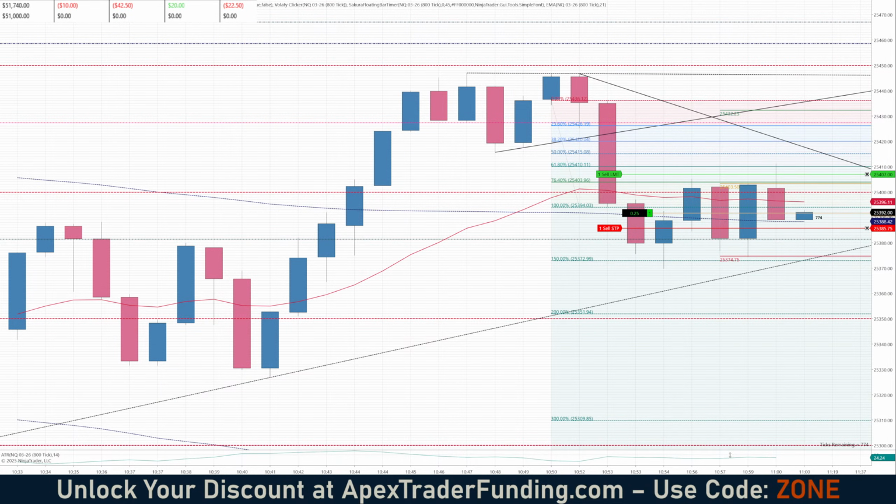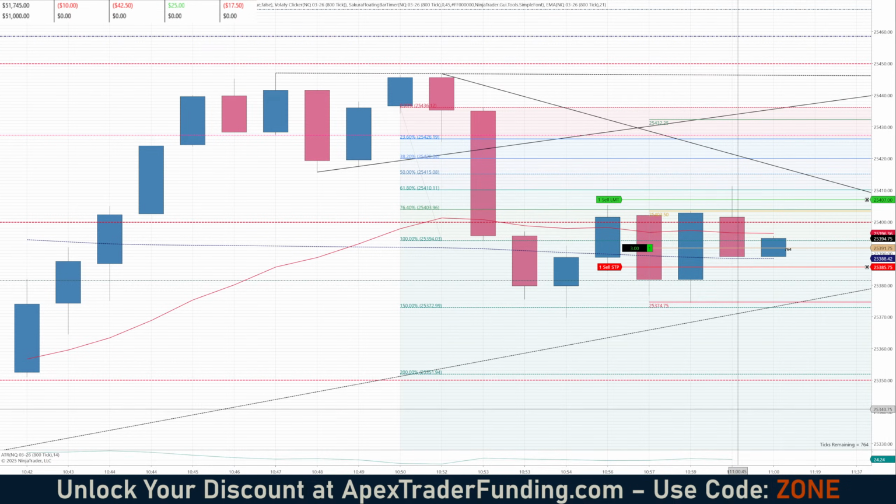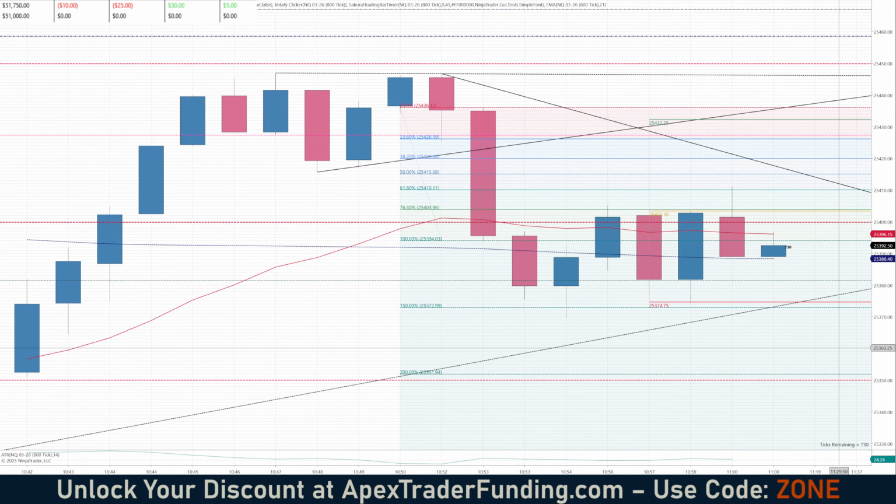I might take a bullish stab here off of this. I'm not going to give it a lot of wiggle room though. Moved it quickly to break even. If it was going to go, it was going to go.